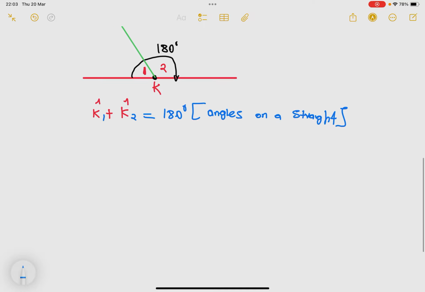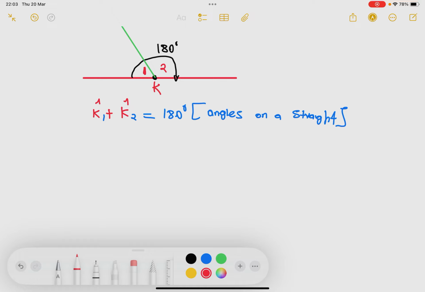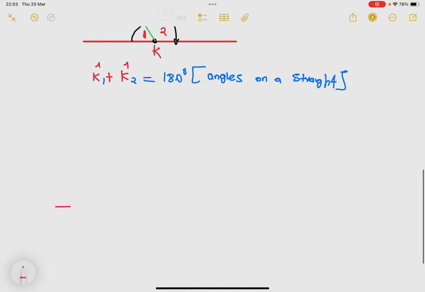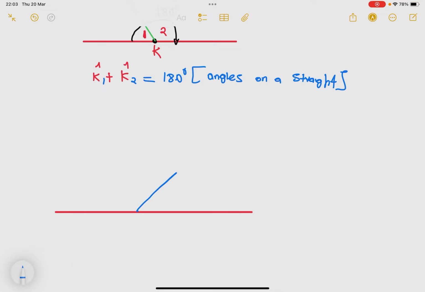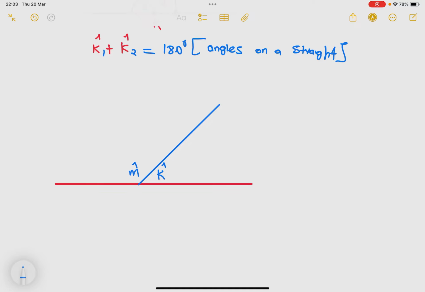So let's just look at example number 2. I want to show you example number 2, ladies and gentlemen. On example number 2, we have another point here and we have this line, right? Within this line, we are being told that this is angle M and this is angle K. What is the sum of angle M and angle K?